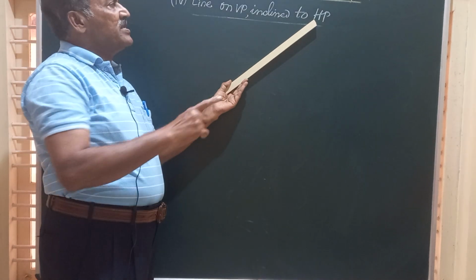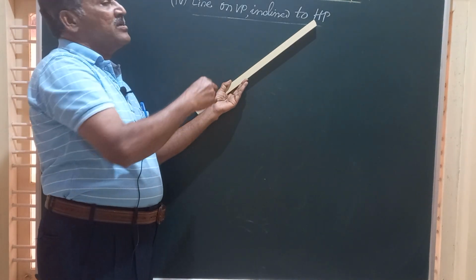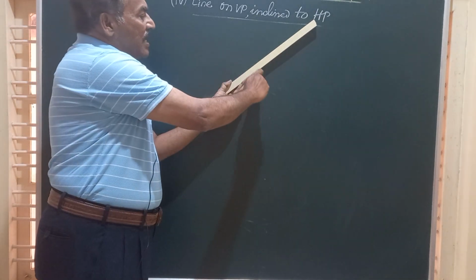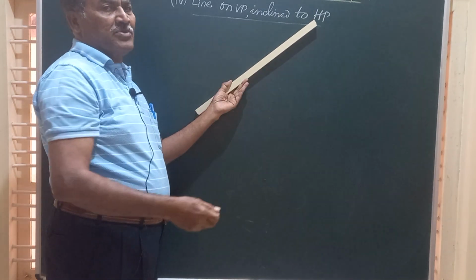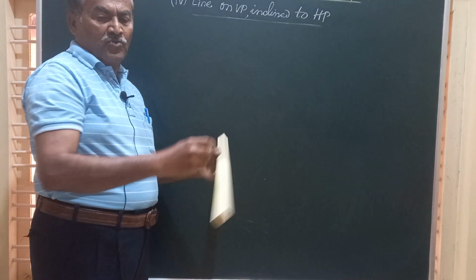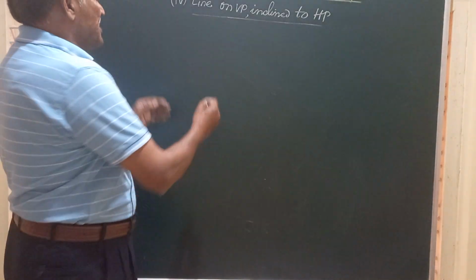So friends, whenever the line is on VP, you can see the true length of the line in the front view, and also the angle made by the line with the HP can be seen in the front view. So friends, how to obtain the projection of such a line?